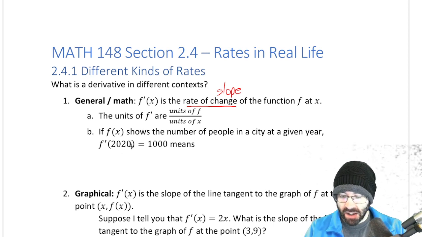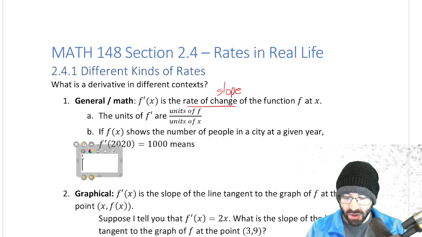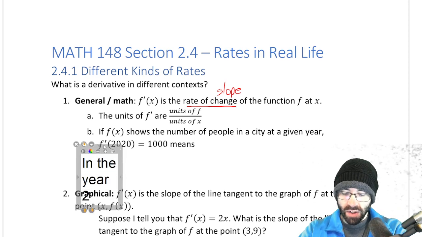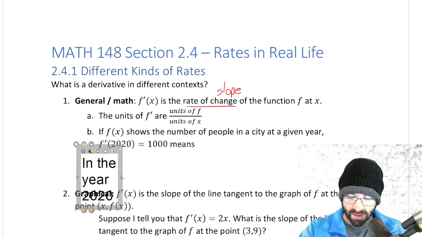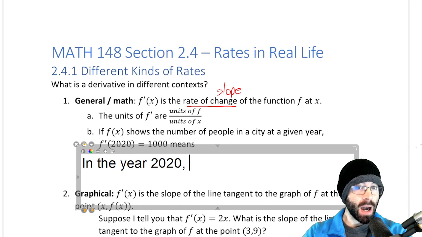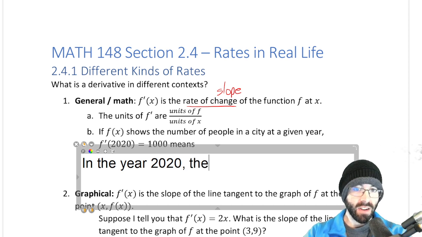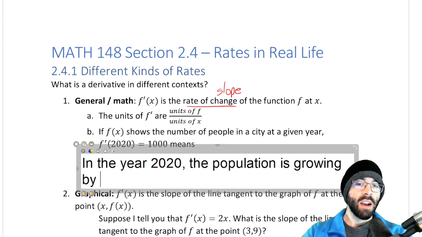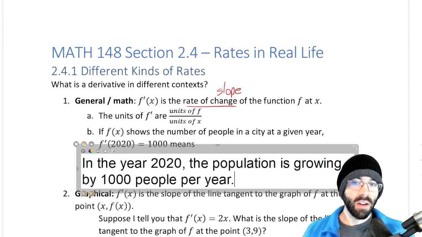That means in the year 2020, the rate of change of population is 1,000. So that tells you how the population is growing by 1,000 people per year.